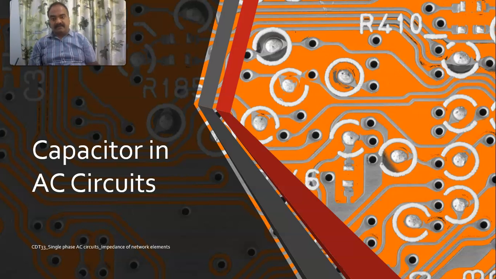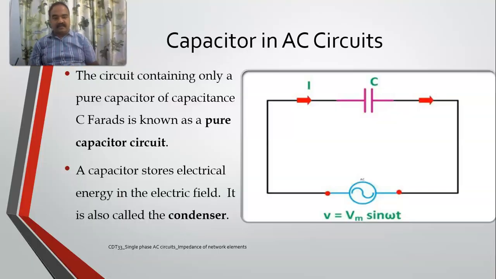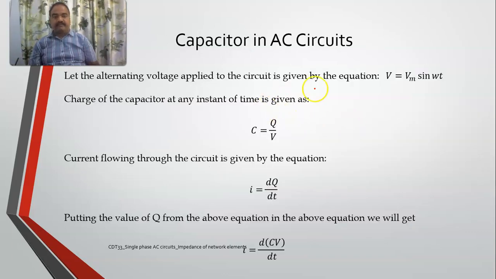How a capacitor behaves in an AC circuit. So again, I am taking the same sinusoidal signal and I am applying it to a capacitance. You know, a capacitance basically stores energy in the form of electric fields, and that's why it is called a condenser. Now, this is the voltage which I am applying.